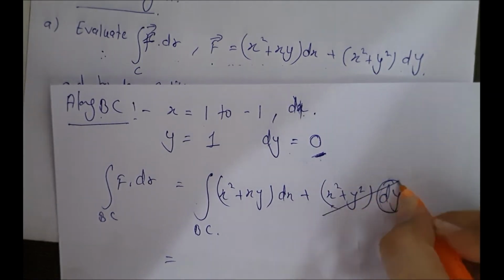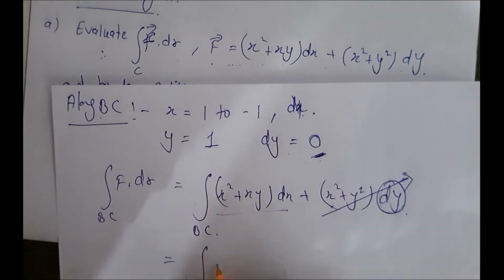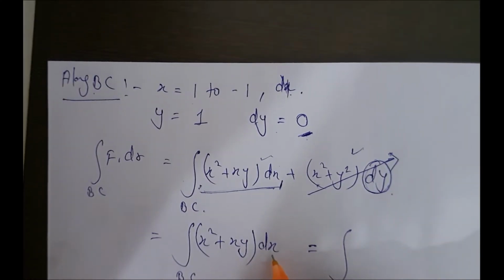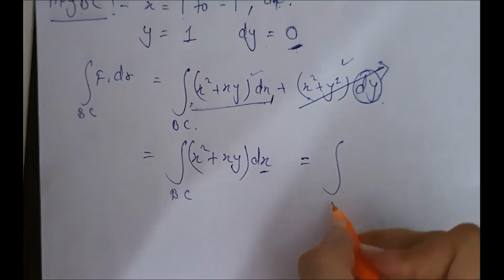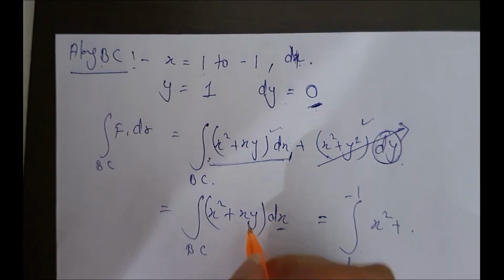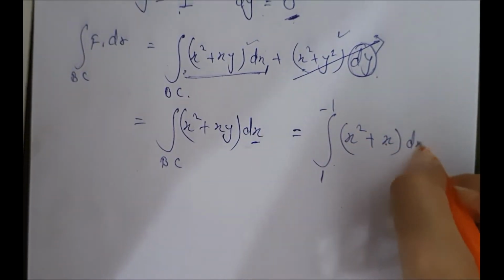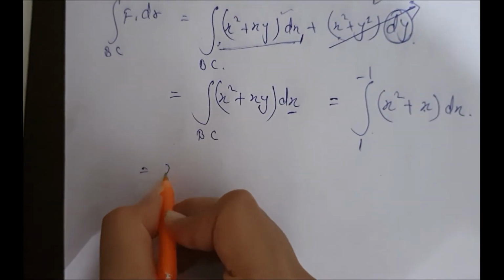So this term will get cancelled. We will be left with only the dx term. So here we will integrate it with respect to dx, where x is from 1 to minus 1. Just write it down and write its y value. y is 1. Now just integrate it.